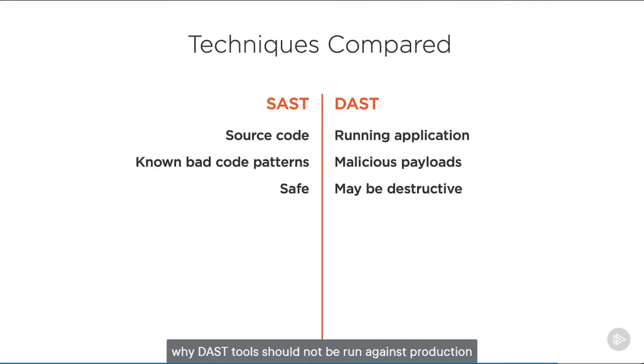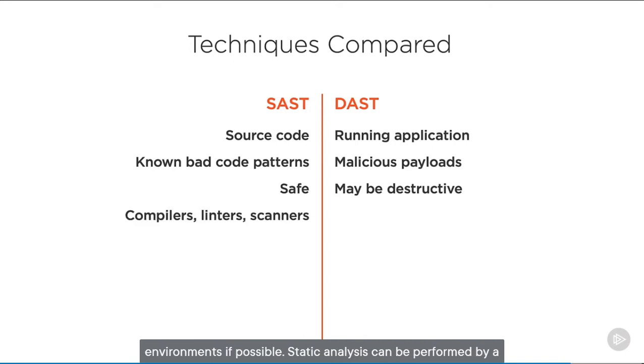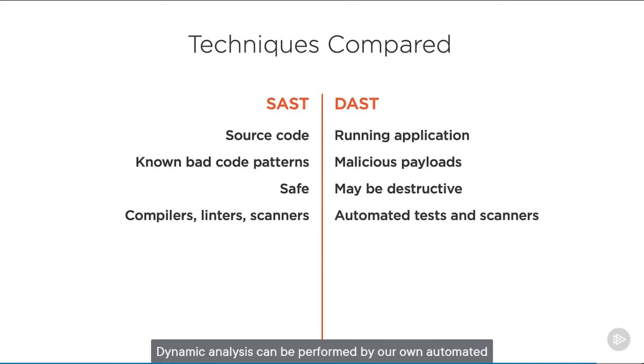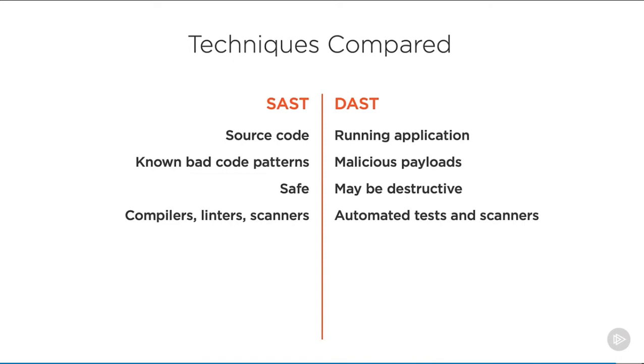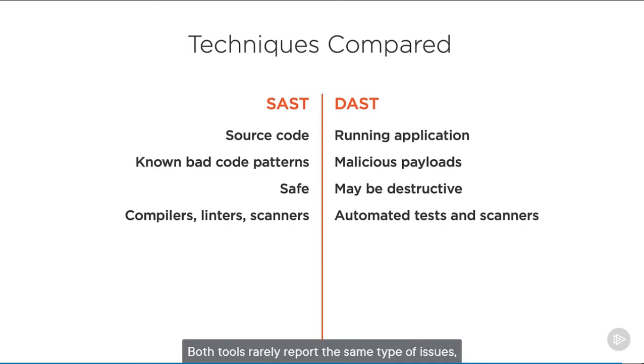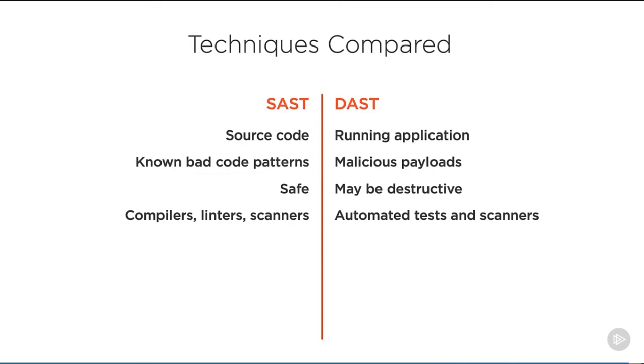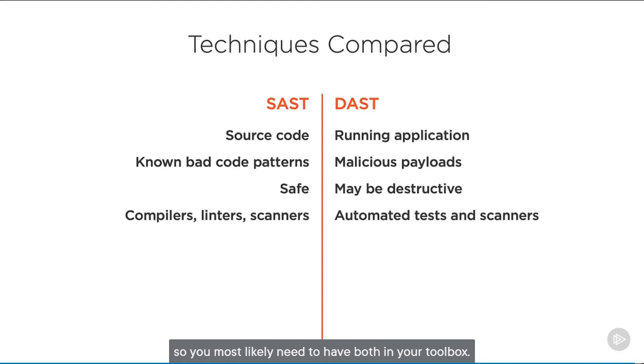That's why DAST tools should not be run against production environments if possible. Static analysis can be performed by a wide variety of tools, compilers, linters, and dedicated scanners. Dynamic analysis can be performed by our own automated tests as well as standalone scanners. Both tools rarely report the same type of issues, so you most likely need to have both in your toolbox.